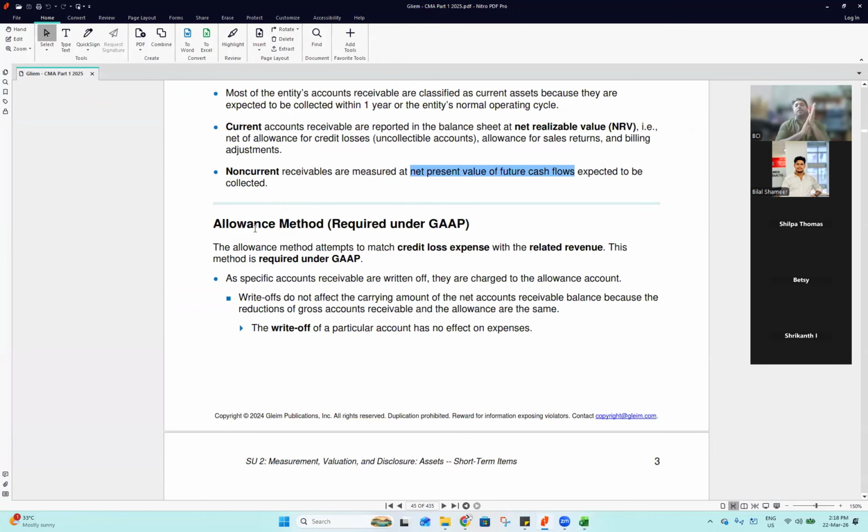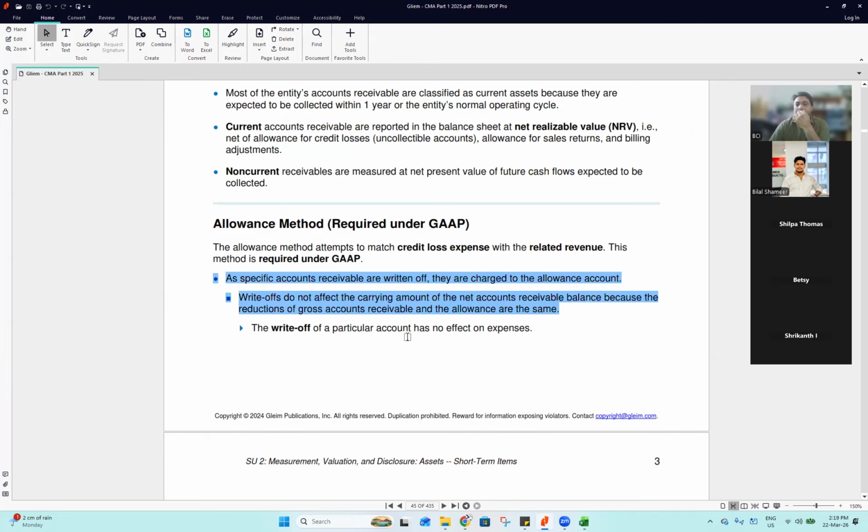So the allowance method is required under GAAP. The allowance method attempts to match credit loss expense with the related revenue. This method is required under GAAP. As specific accounts receivable are written off, they are charged to the allowance account. Write-offs don't affect the carrying amount of the net accounts receivable balance because the reduction of gross accounts receivable and the allowance are the same.